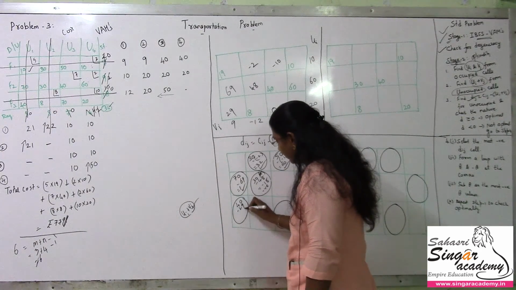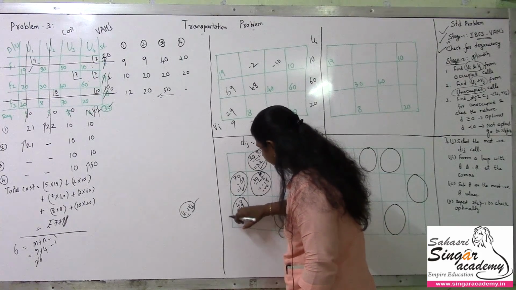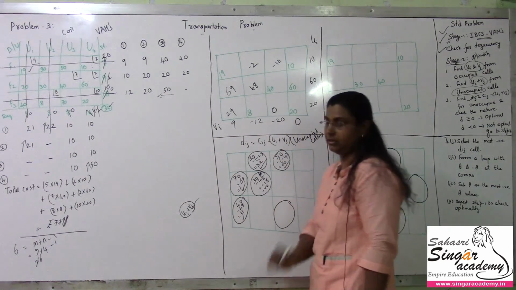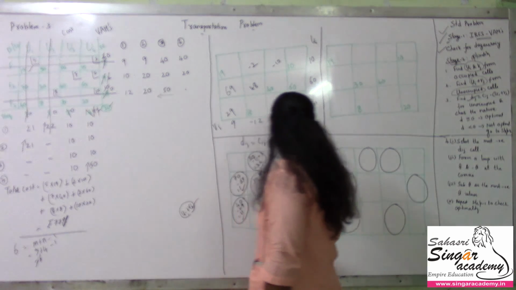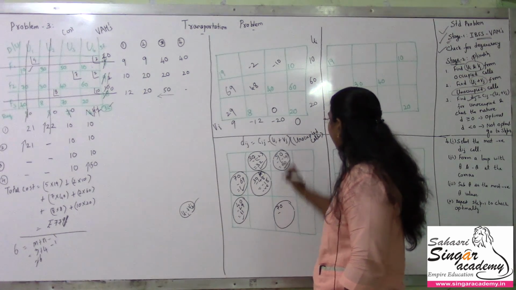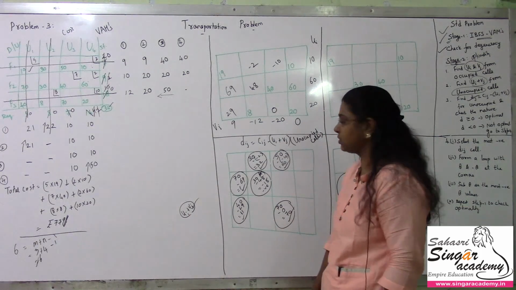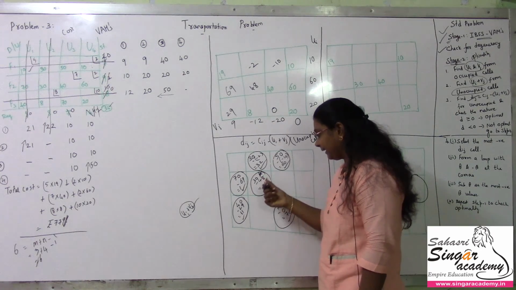So 40 minus 29 is positive, that is 11. So this is done, positive, right? No issues here. For this one, it is 70, and you have to subtract this value 0. Obviously this is 70 again. Positive, no issues. So my problem lies here, where I have to make this allocation changed.